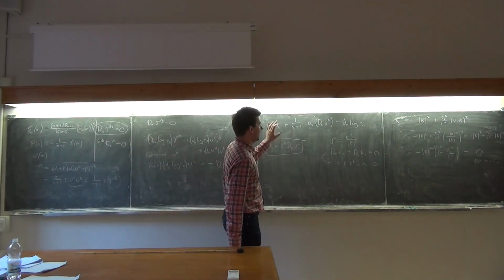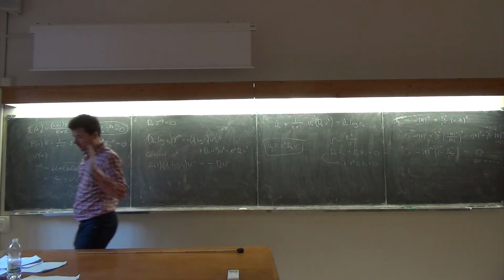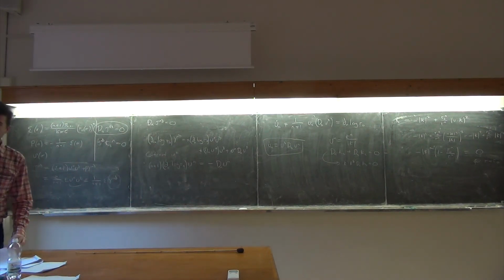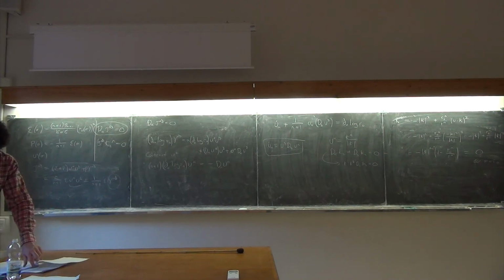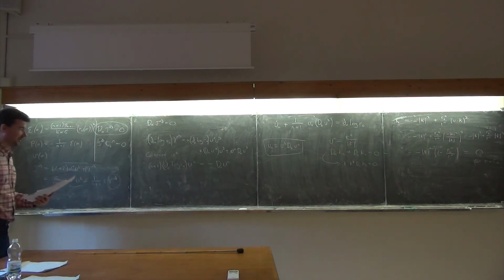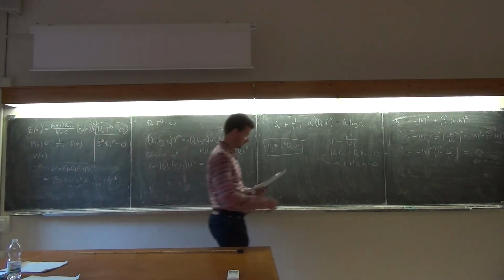Yeah, I mean, you have to go through the algebra to see that it's like that. So trust me, it's more complicated than it looks. That's why I don't want to do it. I'll just get it wrong if I try to do it.